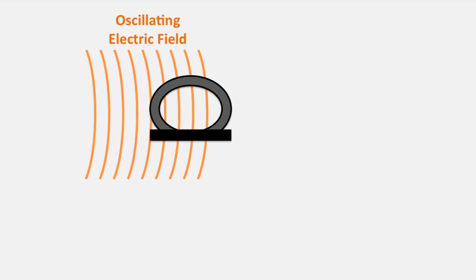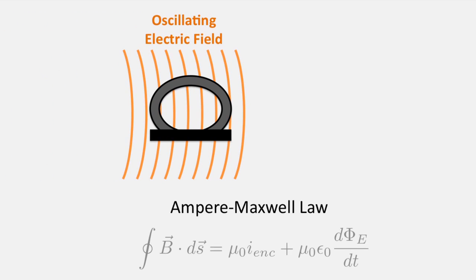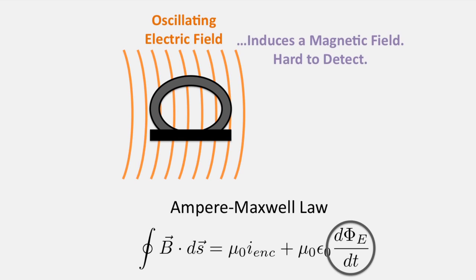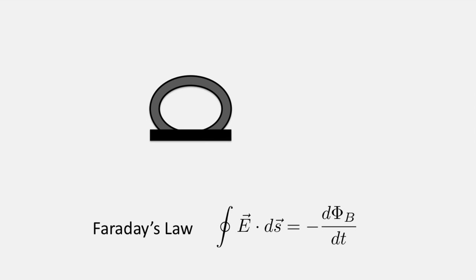When our electric field reaches the antenna, we would be tempted to use the Ampere-Maxwell law again. We know that there is a change in the electric field, which would induce a magnetic field, but magnetic fields are not easy to detect. This method is not very useful. Instead, AM antennas rely on Faraday's law.